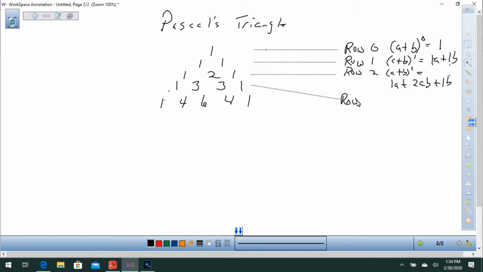Row 3. And this is A plus B to the 3rd power, which would be 1, and that's 3, 3, 1.